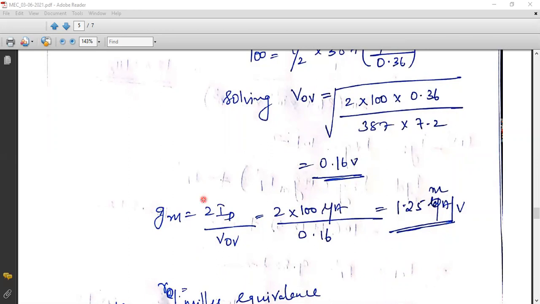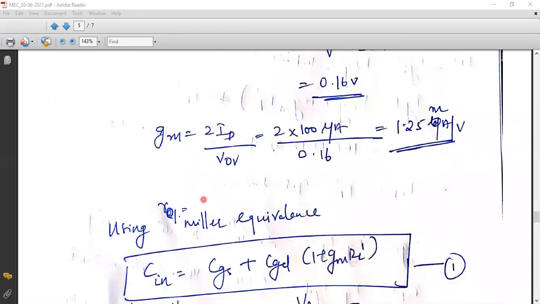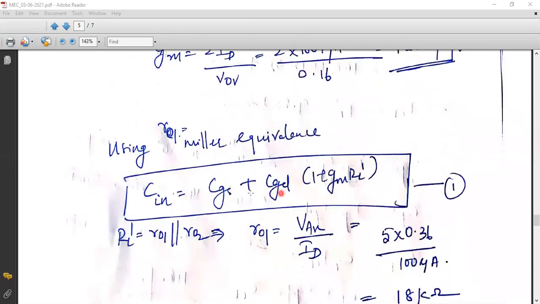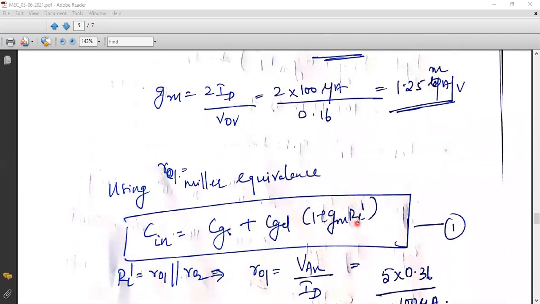So now you got GM, and which is the next unknown? If you see this equation, which is the next unknown? RL dash, right? What is RL dash? RL dash is the parallel combination of R01 and R02. Please remember the circuit diagram. We are stacking CS over, PMOS over NMOS, isn't it?